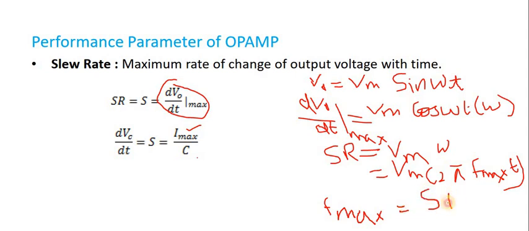So f max will be equal to slew rate divided by Vm into 2 pi.